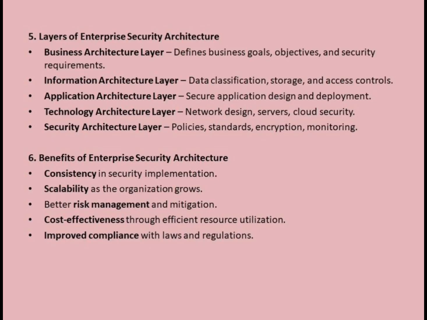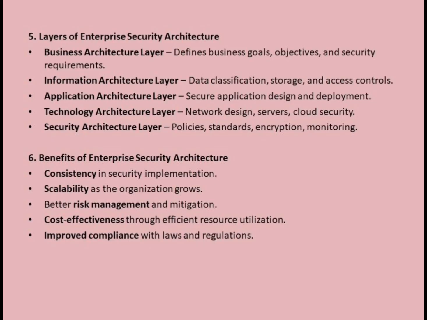Layers of enterprise security architecture. The business architecture layer focuses on defining the organization's goals, objectives, and security needs. For example, if a bank wants to launch online services, it must set goals like protecting customer financial data and ensuring secure transactions. This layer ensures that security aligns with overall business priorities.